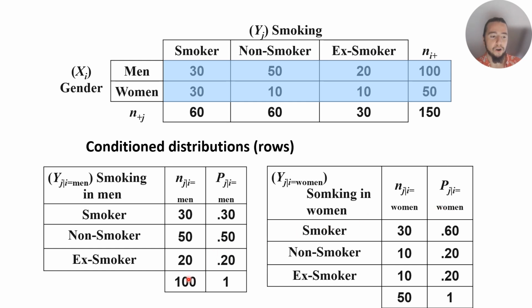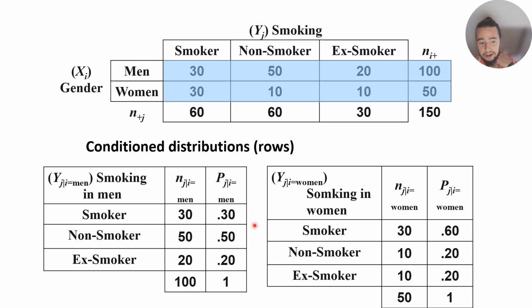If we condition on being a man, here we have this row of values, 30, 50, 20, and 100, then these values are going to be divided by 100 to obtain new proportions. If we translate them into probabilities, they are the probability of being a smoker given that you are a man, the probability of being a non-smoker given that you are a man, and also the probability of being an ex-smoker given that you are a man.